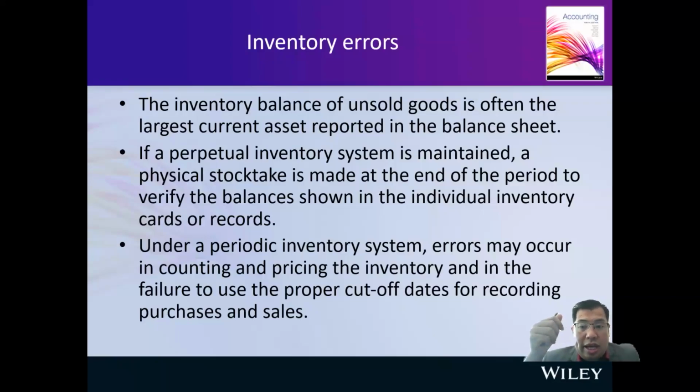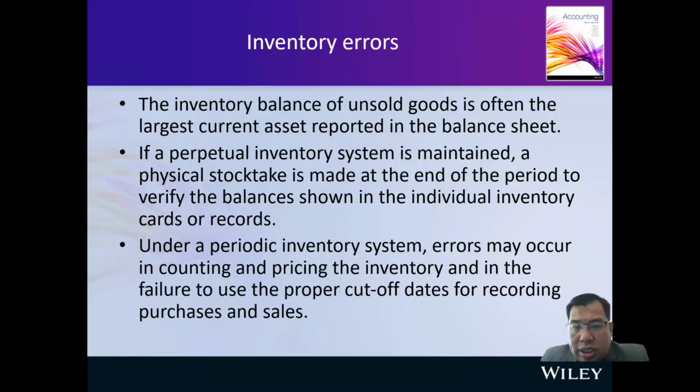They don't have any idea what is the correct number, they just go there and count the quantity of the items, and then they will compare the difference. Is there any difference between the record and the physical quantity? So that is how we do the stock take.